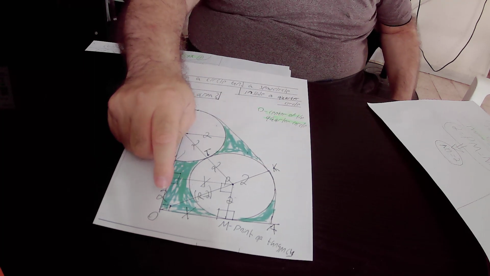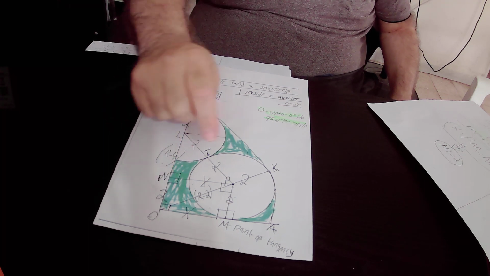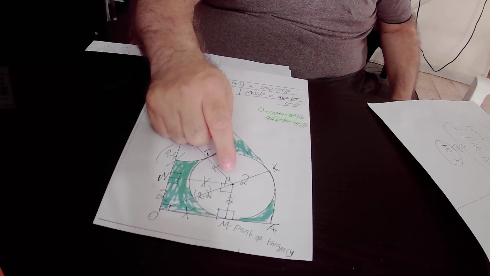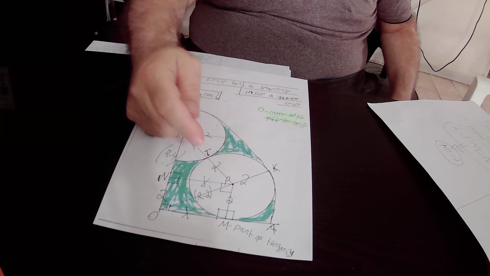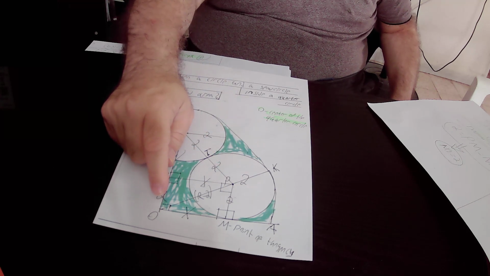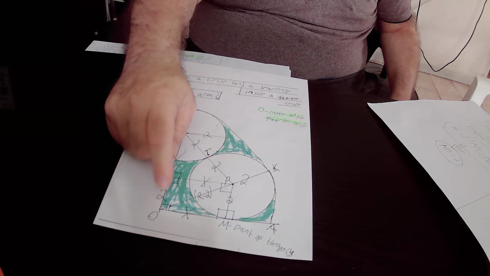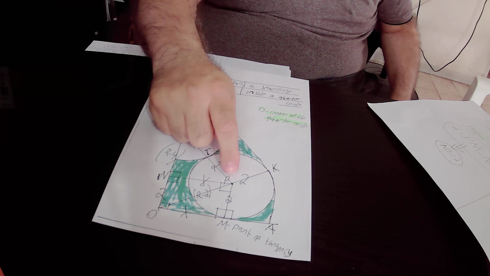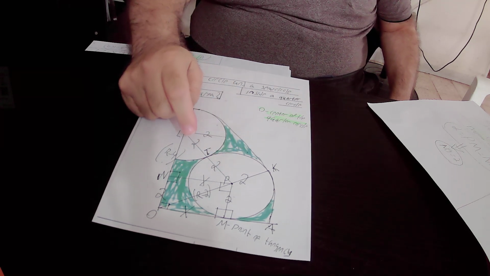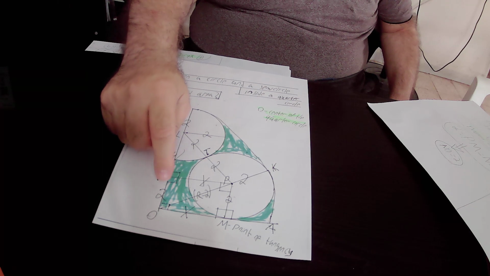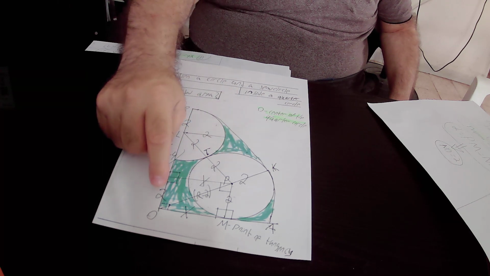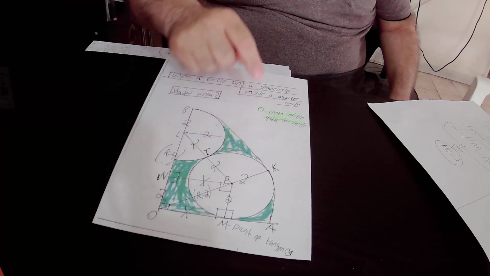So here point O is the center of the quarter circle. Point P is the center of the circle. And therefore OP is the straight line that joins their centers together.